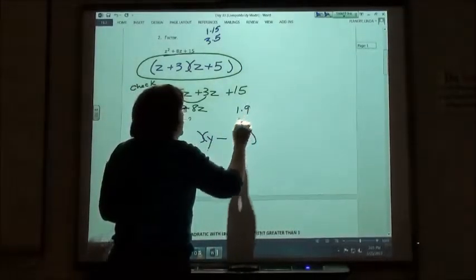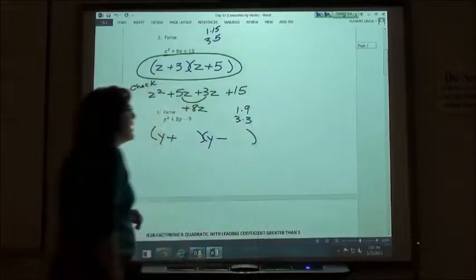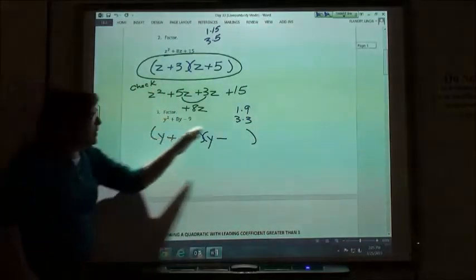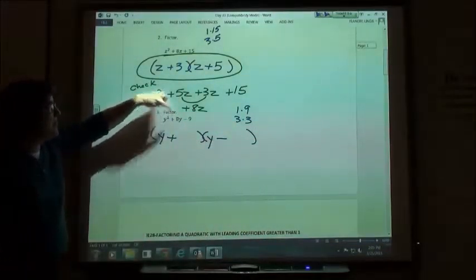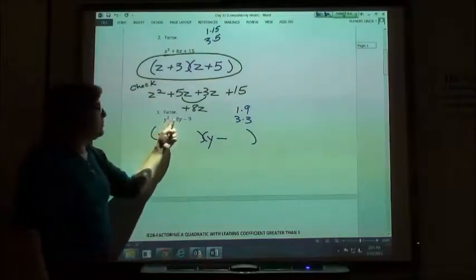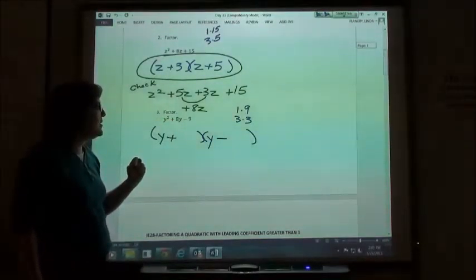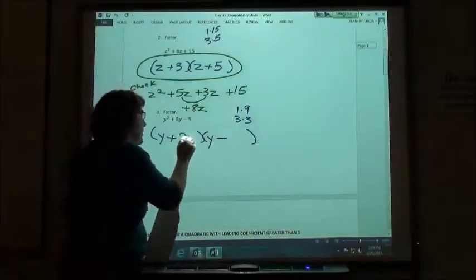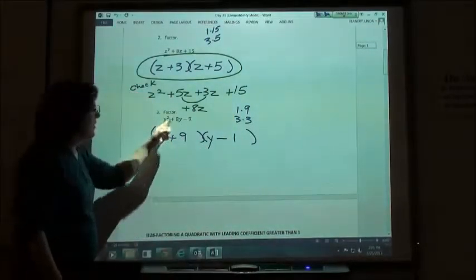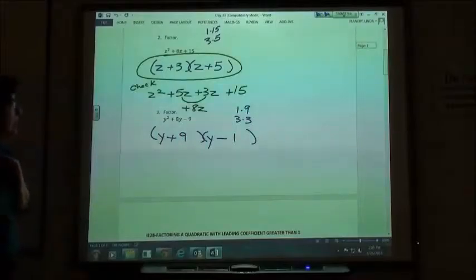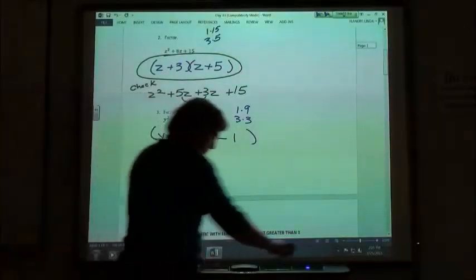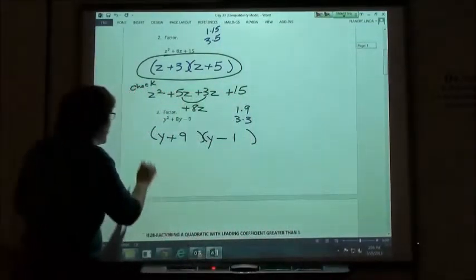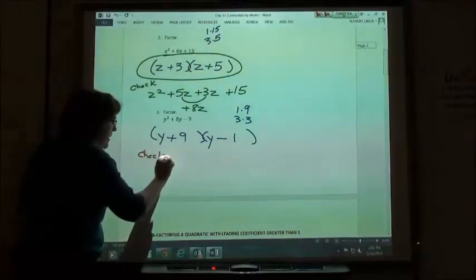Could be 1 times 9, could be 3 times 3. I want the pair that when I plug them in, I get a plus 8. So if I want to get a plus 8, my bigger number has to be positive. If I do a plus 9 minus 1, that should give me plus 8 in the middle. Again, we can always check these by FOILing.